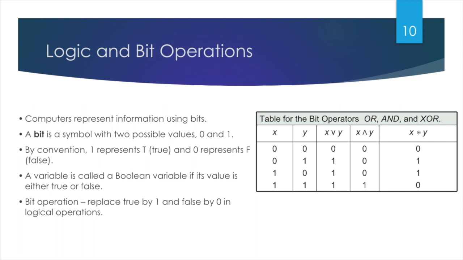So it is the same as what we have studied before. All we change is, instead of true or false, we put 1 and 0. Instead of AND, we say this is conjunction, and disjunction for OR, and so on.